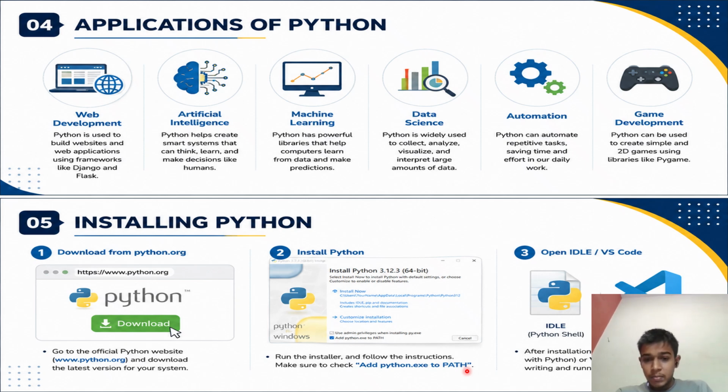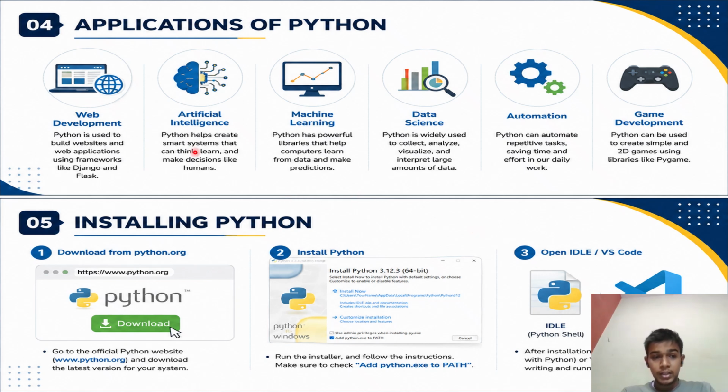Now coming to the third step, after the installation is complete, open IDLE, which comes with Python, or use Visual Studio Code. I prefer to use Visual Studio Code, which is a popular code editor recommended for Python programming. Now, Python is successfully installed and we are ready to start our first Python program.